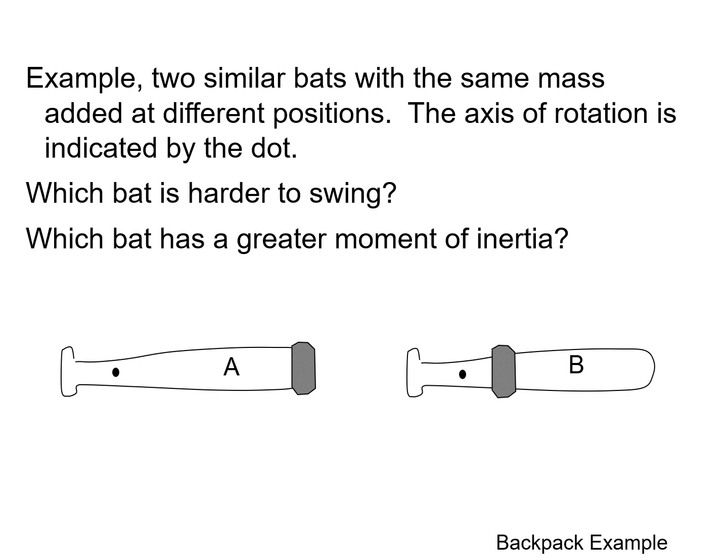We see A and B here, with A, the mass added to the very distal part of the bat, and B, it's added to just before the beginning of the handle. So which bat is harder to swing? Well, we need to know which bat has a greater moment of inertia. As when we looked at linear kinetics, we're looking at not just the masses, but how large the radius of rotation is, or the axis of rotation.